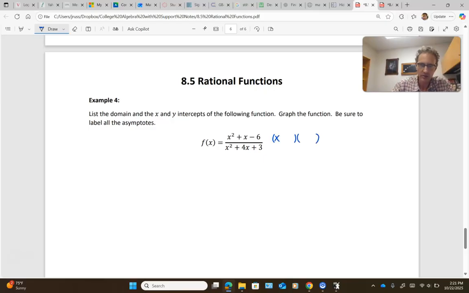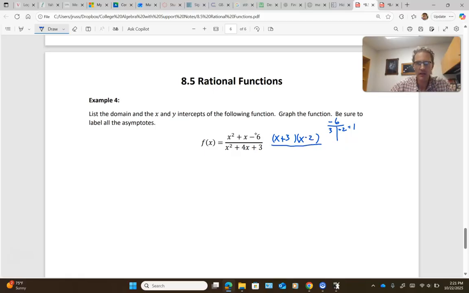The one on top is going to give you 2 binomial factors. Factors of -6 that when combined give us a 1 would be 3 and -2. So that's the way this one's going to factor.